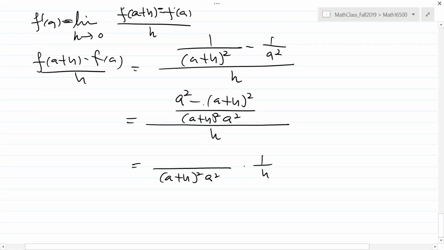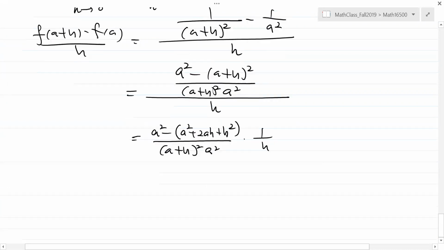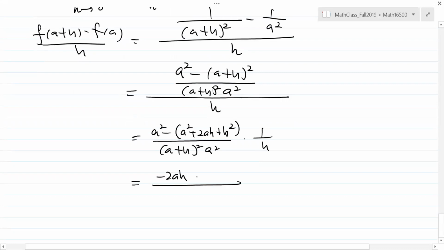The numerator a squared minus (a plus h) squared will be a squared minus a squared plus 2ah plus h squared. So a squared will be canceled out. You get negative 2ah minus h squared, be careful. And here (a plus h) squared times a squared.